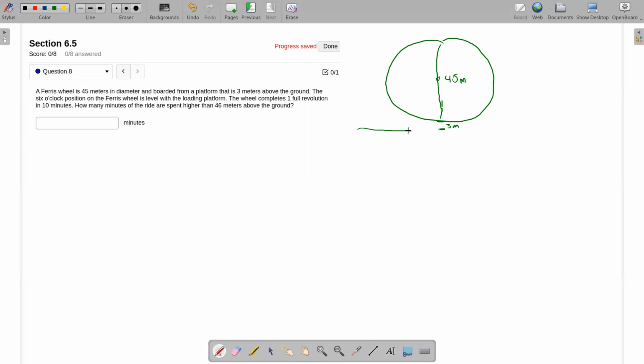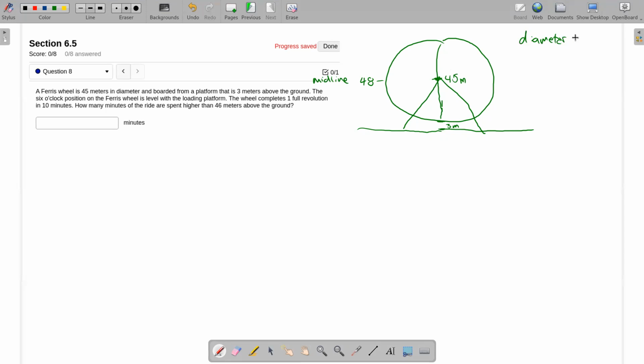All right, so here's ground level. And let's see, here's the Ferris wheel. Plotted up there. So altogether, off the ground to that center of the Ferris wheel, that would be 48 up. So that's our midline. 45 is the diameter, right?